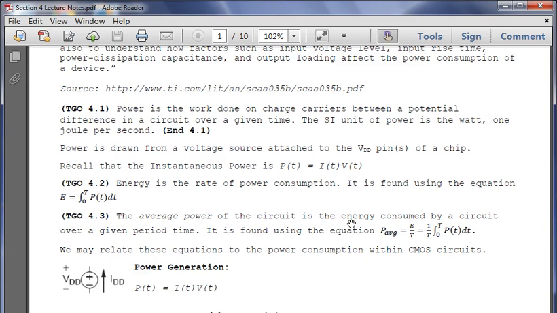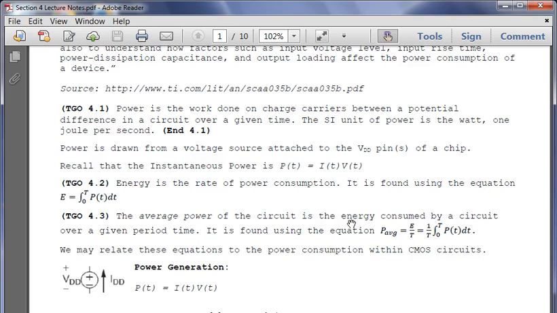Average power of a circuit is the energy consumed by a circuit over a given period of time. It is found using P average equals E divided by T. So you take our energy equation and divide it by time: joules divided by seconds, joules per second. So we now have power.